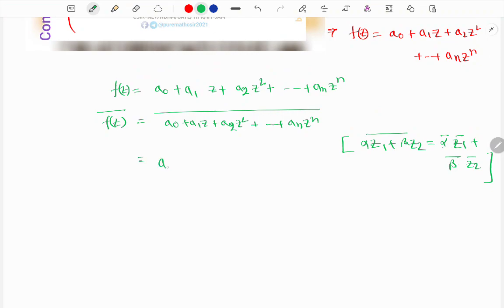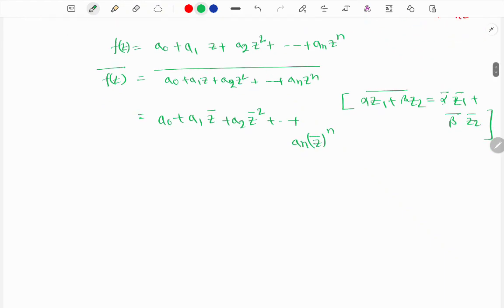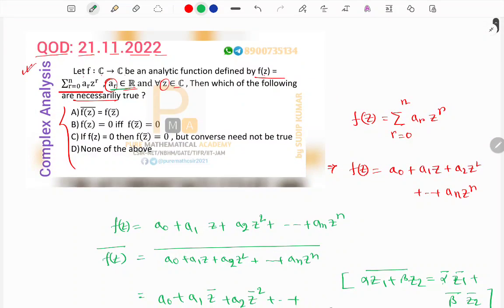Okay, that means a naught plus a1 z conjugate, and a1 is from R, so a1 conjugate and a1 are the same, a2 z conjugate square plus dot dot dot plus an z conjugate to the power n. That means f of z whole conjugate equals f of z conjugate. Therefore option A is correct.